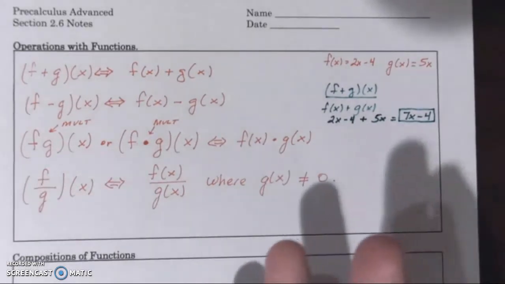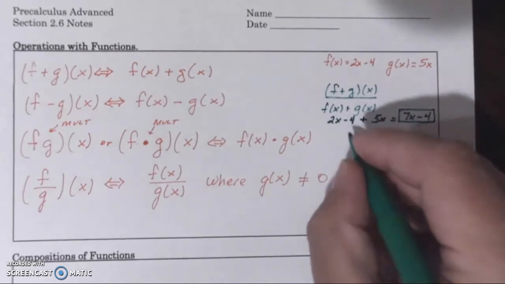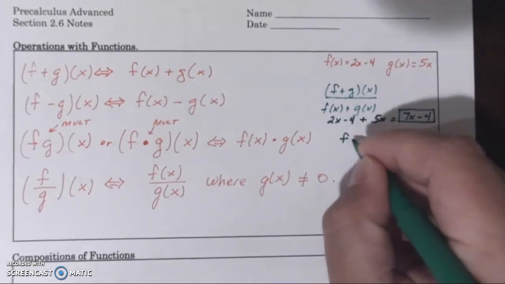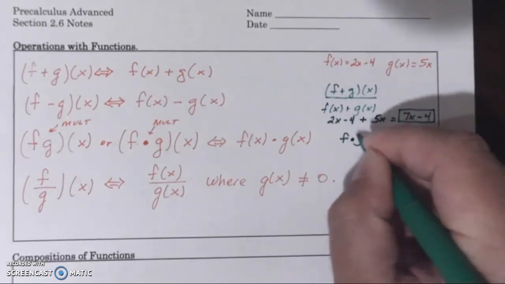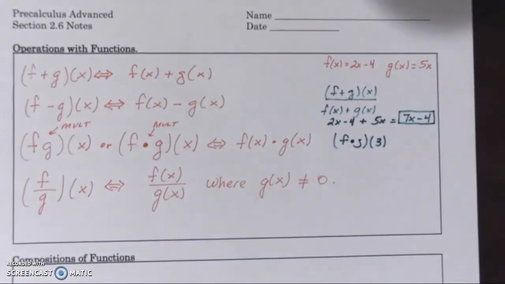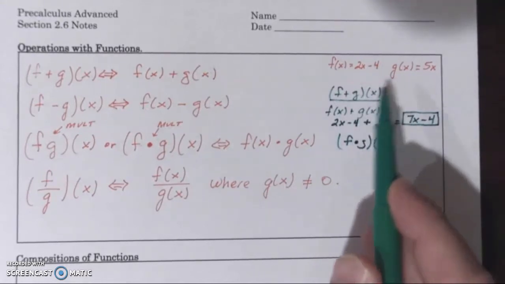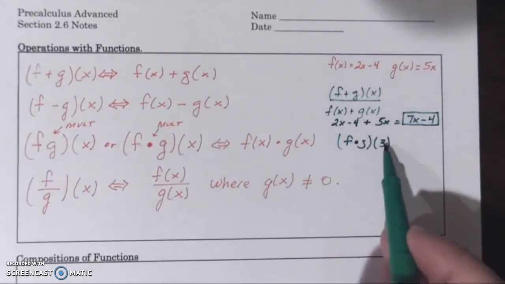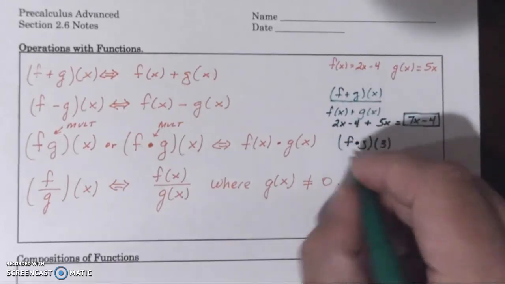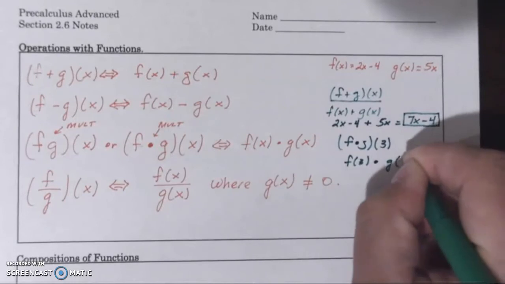We could also do a different operation. We could also evaluate using a numerical input. So we could do something like f times g of 3. Different operation: we did addition up here, and we're doing multiplication of these two functions down here. That would be the same as f of 3 times g of 3.